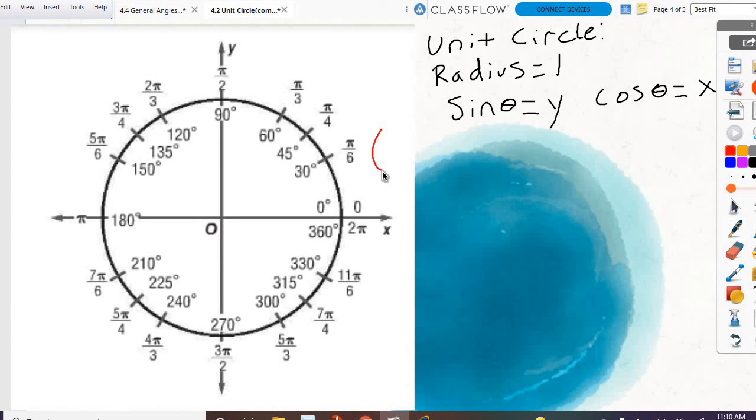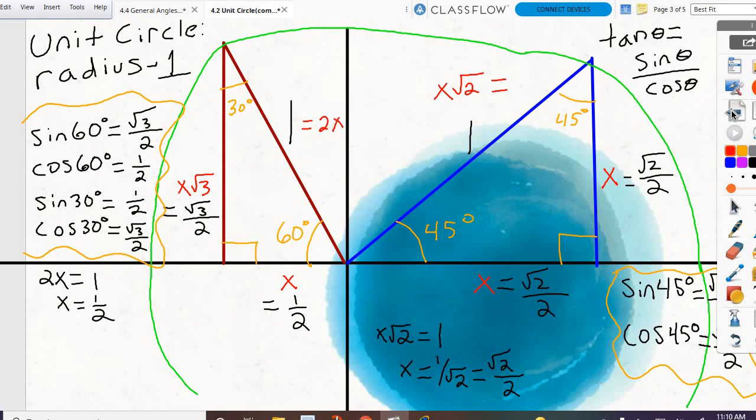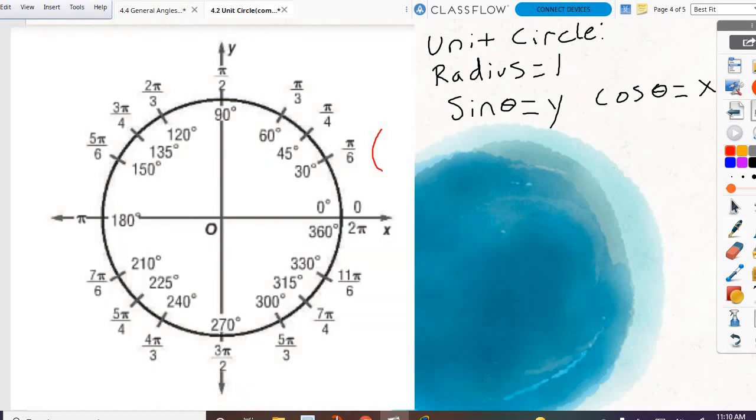What was my cosine of 30 or pi over 6? Cosine of 30 is square root of 3 over 2. So that's going to be my x value. And then what was sine? One half. Okay.